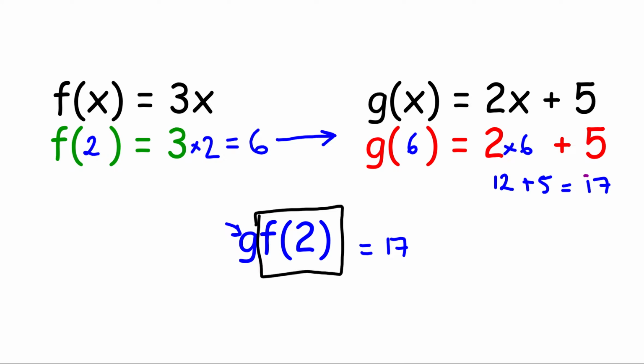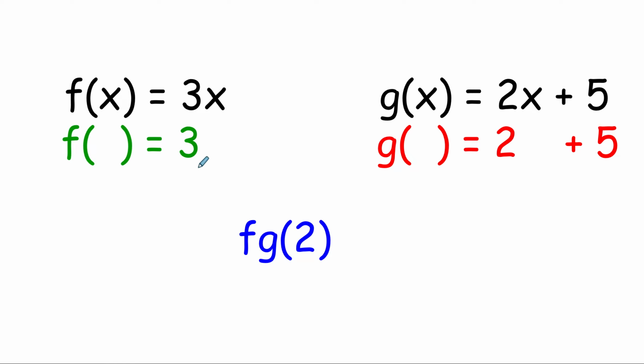Let's try another one. So here we go. This time f and g have swapped over position. Now as g is closest to the 2, that means we start off with g. We put 2 into the g function, and as this means 2 multiplied by x, we're going to times this by 2.